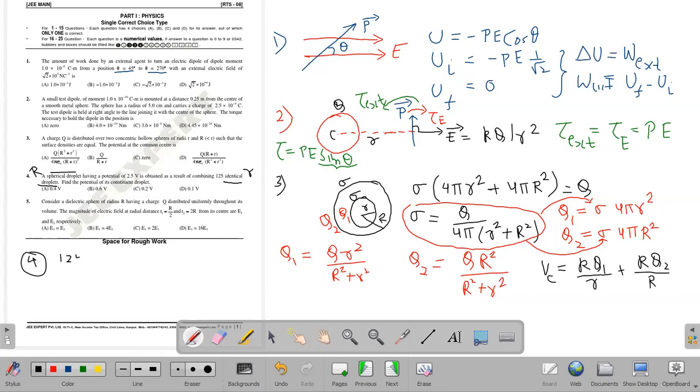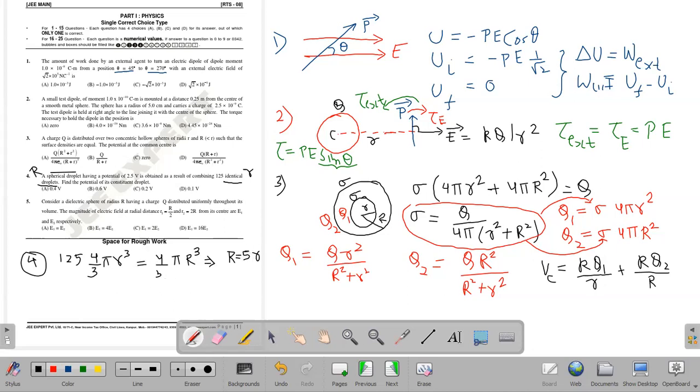So 125 small droplets have a volume of 125 multiplied by 4 by 3 pi small r cube, and it should be the volume of that single drop obtained by merging these 125 droplets, so it is 4 by 3 pi capital R cube. So you get a relation between capital R and small r: capital R equals 5 times small r.